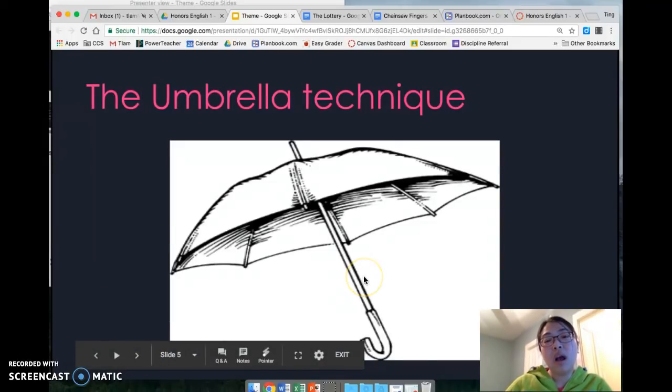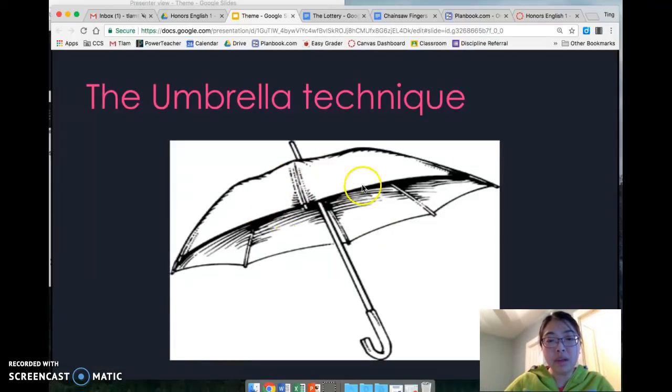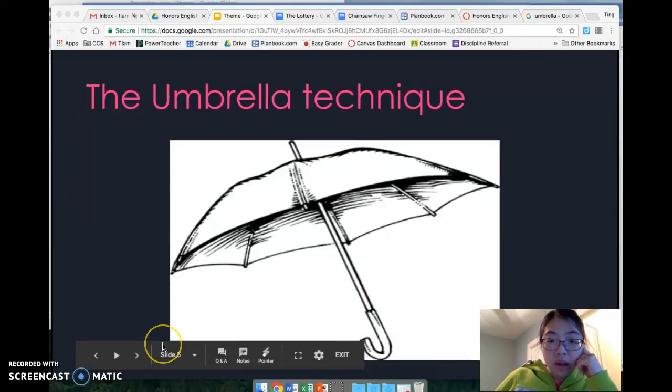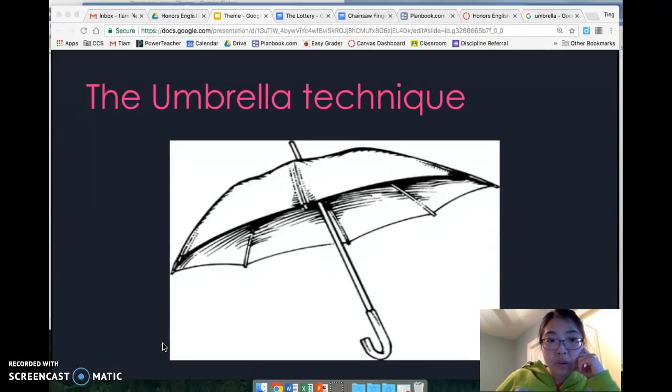All right, I'm going to show you the umbrella technique. What that is, you will see in your notes a little umbrella. On the inside of the umbrella, you're going to write the motif. And then on the side here, you're going to expand it so that you're giving me the theme of Thank You, Ma'am. So let's think back to what Thank You, Ma'am was about.